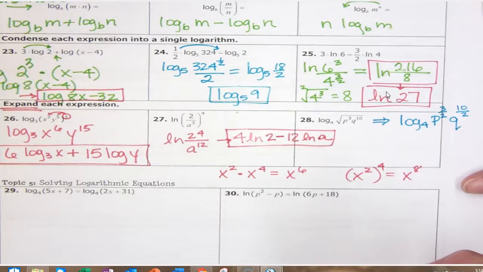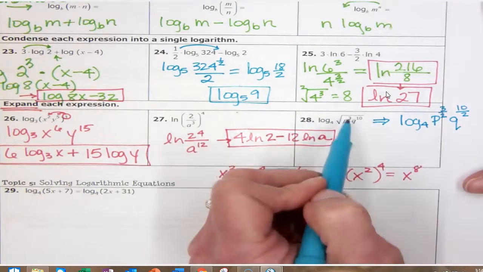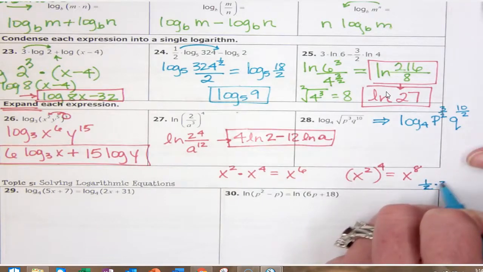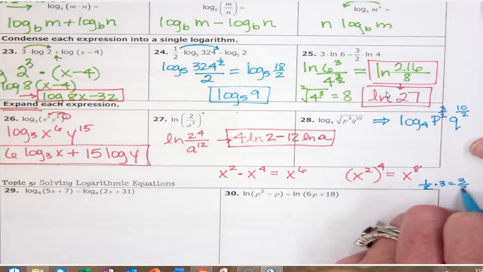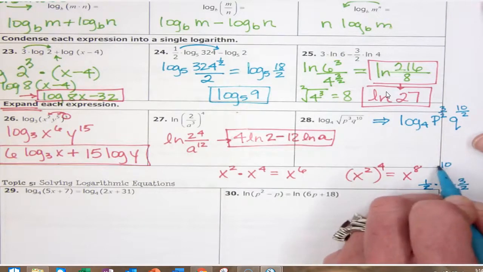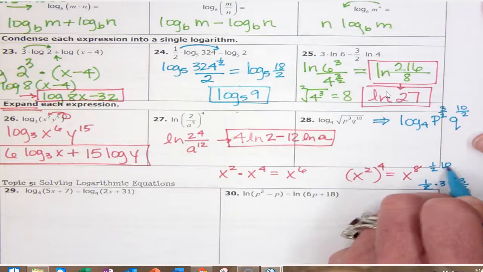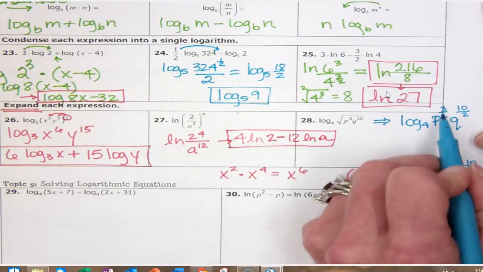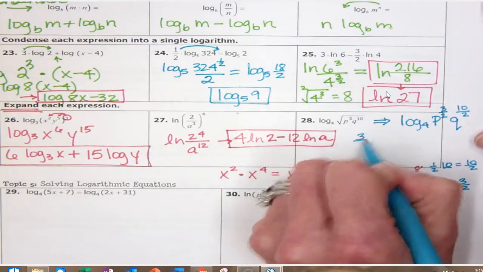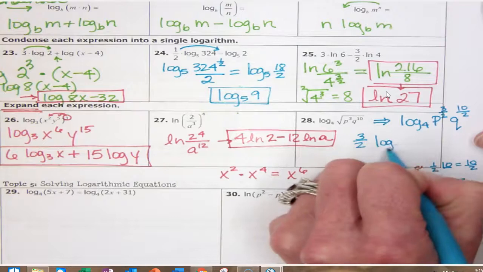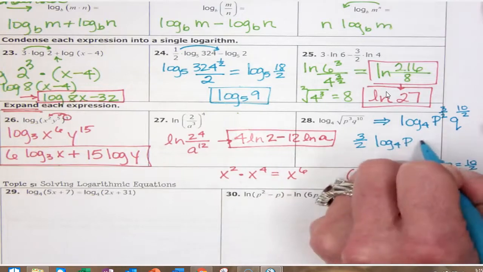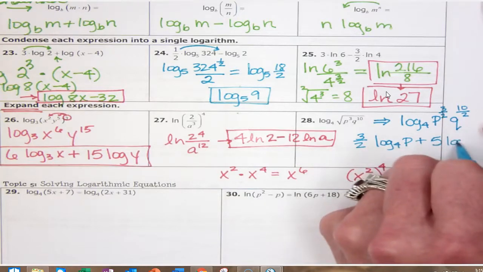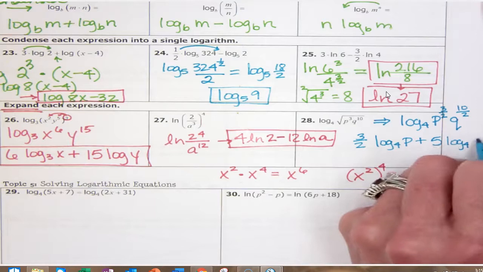I'm multiplying that exponent by 1/2. 1/2 times 3 gives me 3 over 2. 1/2 times 10 gives me 10 over 2, which is 5. I move these in front: 3 halves log base 4 of p plus, because I'm multiplying here, 5 log base 4 of q.